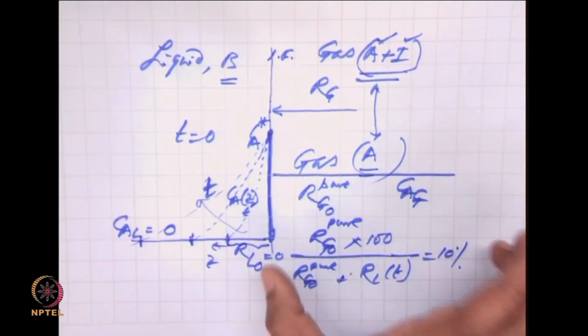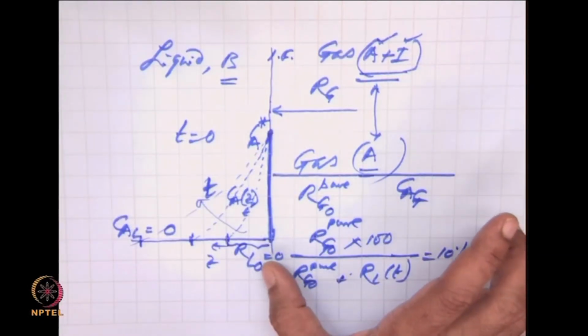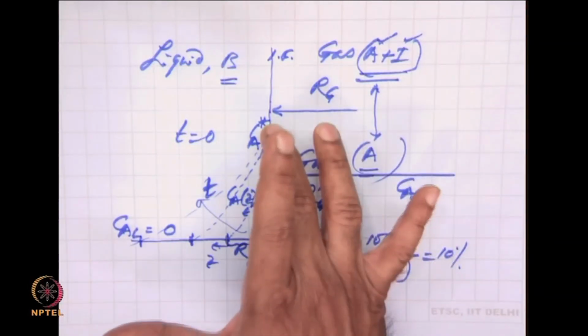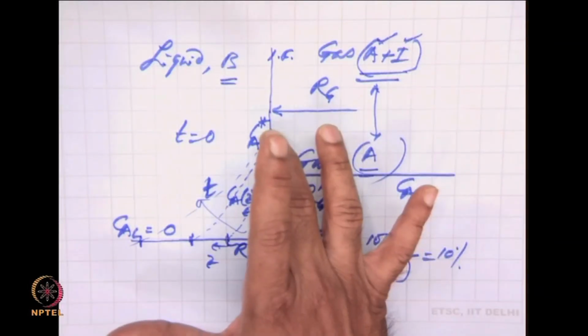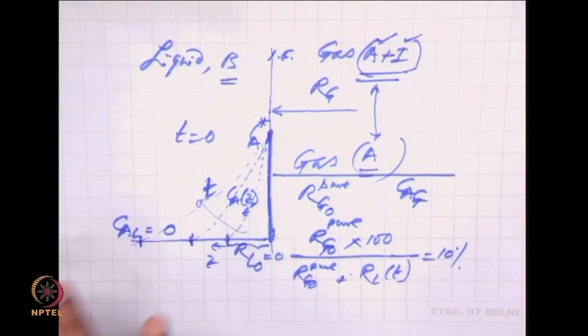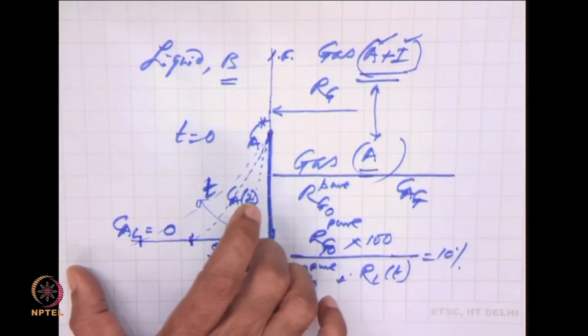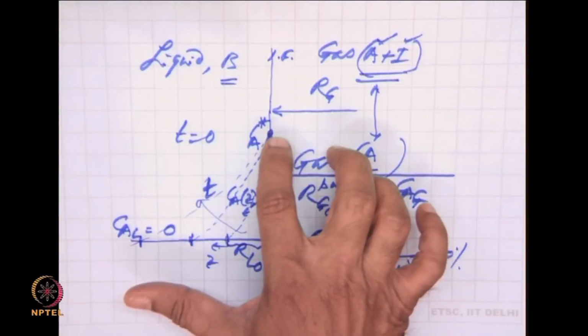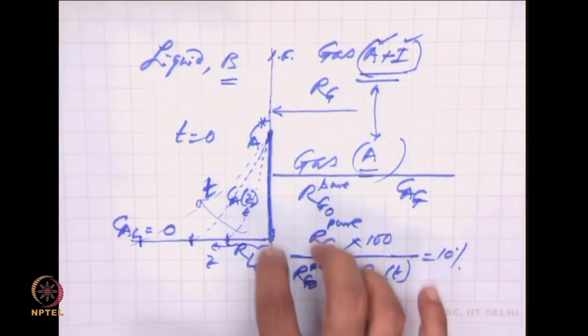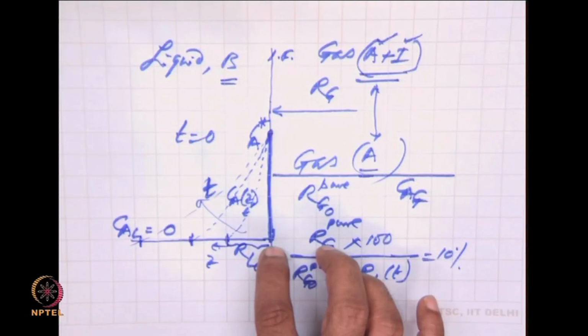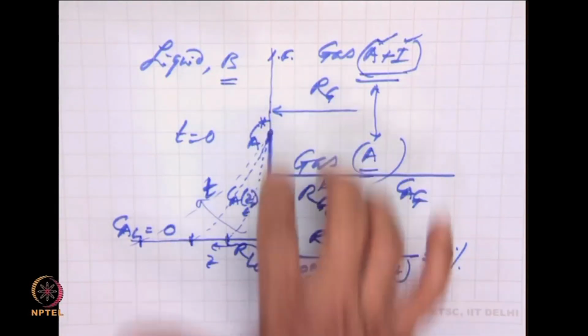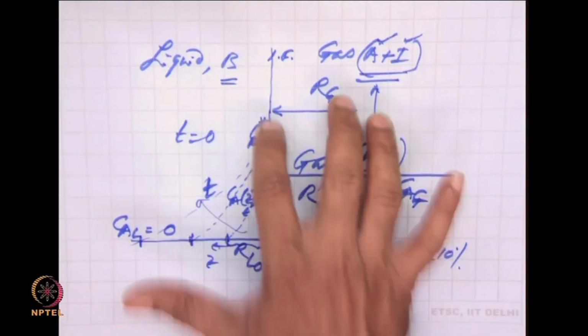If we had pure gas, there would still be some resistance for arrival of the pure gas molecules to the interface before they could be transferred into the liquid. If we have pure gas and pure liquid in the first instance, then the concentration at the interface will be C A star and it will drop to 0 within no distance. That will mean the gradient is infinite, flux is infinite.